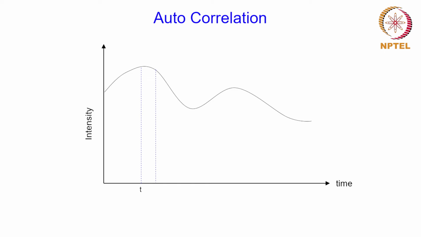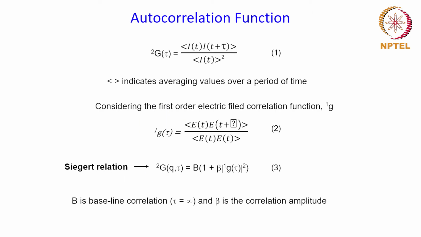So once you do this autocorrelation with the help of a second order autocorrelation function, which basically correlates the intensity of a signal with respect to the time, you can derive the diffusional coefficient, and from that the particle size can be obtained. Okay.